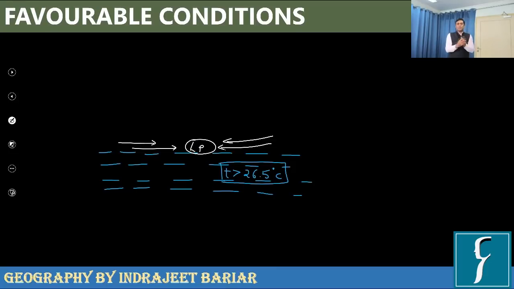What would be the effective movement of the air if it is rotating as well as rising? It would be nothing but spiraling upwards. So the air effectively would be moving like this. Air would be rising.